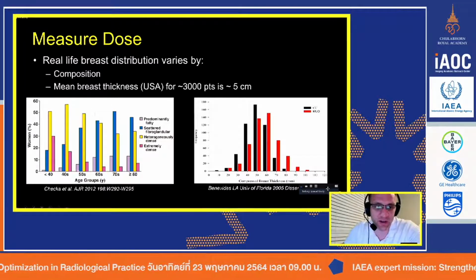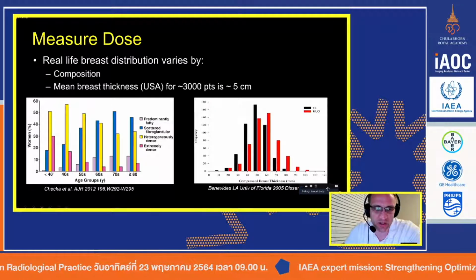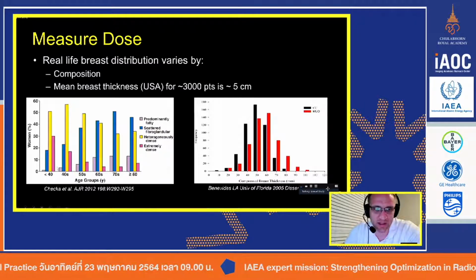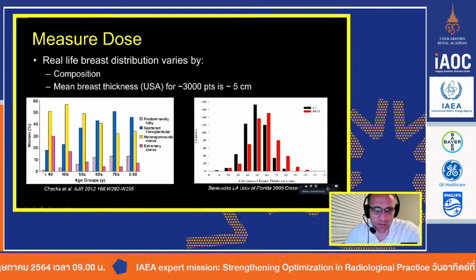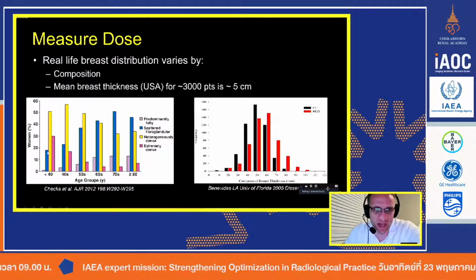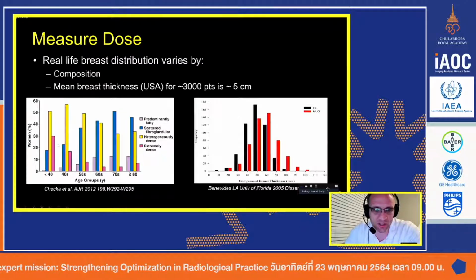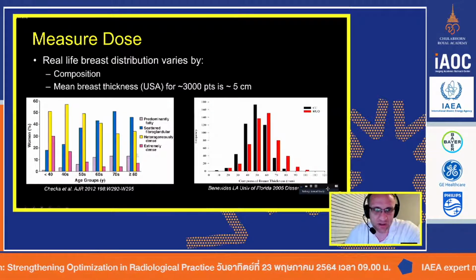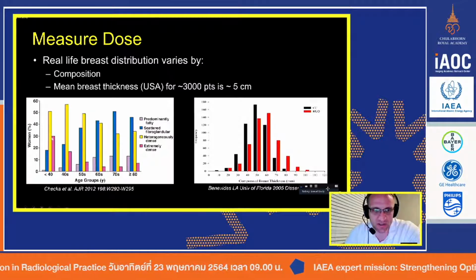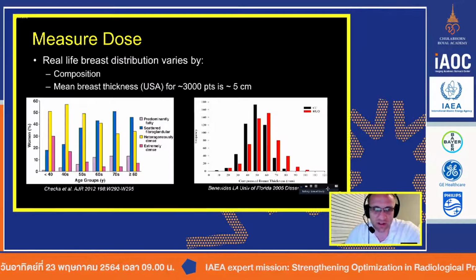You can see here as a function of age, younger women tended to be here. You have predominantly fatty, scattered fibroglandular, heterogeneously dense, and extremely dense. So the younger women tended to be heterogeneous to extremely dense when it comes to fibroglandular, to glandularity.